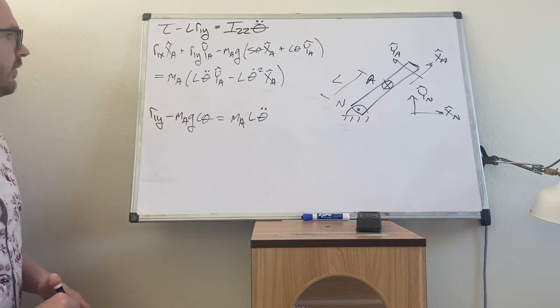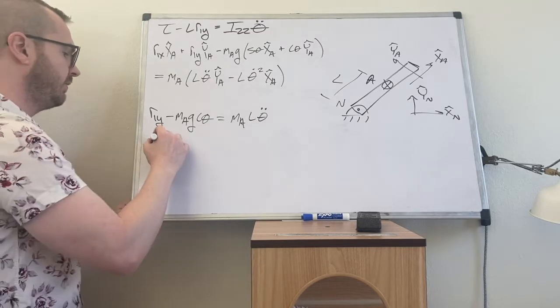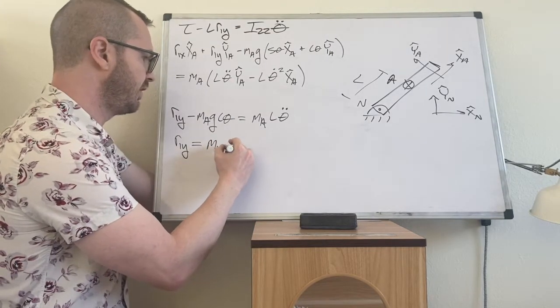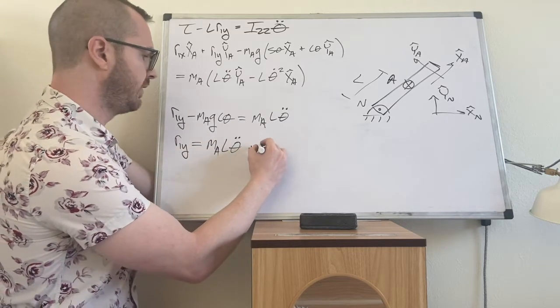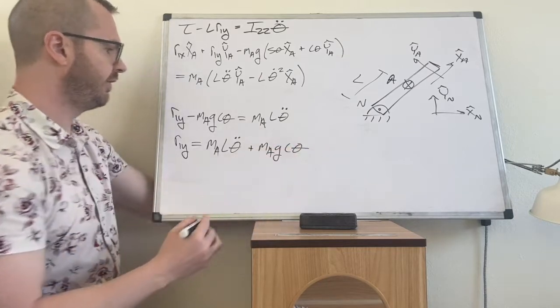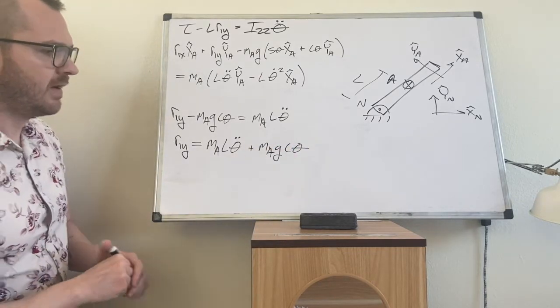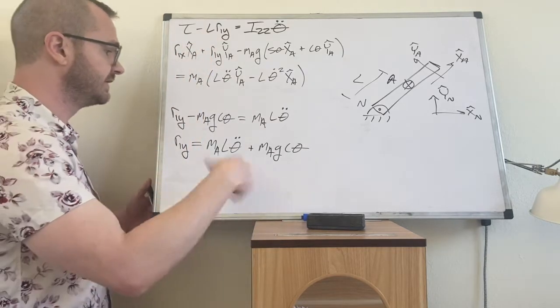Okay, so clearly we can take this and solve for R1y: m a L theta double dot plus mag cosine theta.